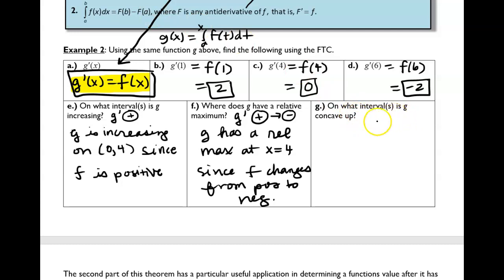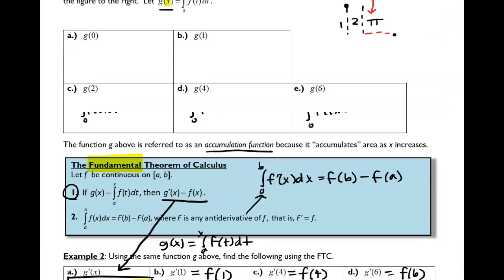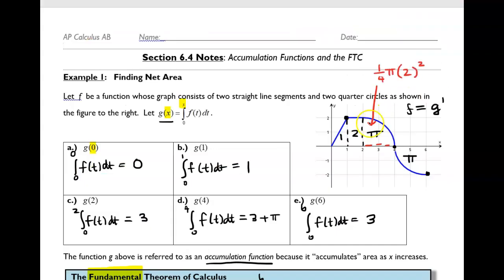Part G asks on what interval is g concave up. So that means we're going to look to see where g prime is increasing. Let's look back up at the graph. G prime or f is increasing only on this piece right here. It's constant right after that and then decreasing. So from 0 to 1.